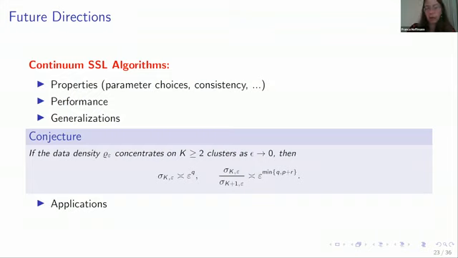In terms of generalizations, by looking at different numerical examples and different test data, we believe that what we showed for a very specific rho epsilon and for only 2 clusters also generalizes to more than 2 clusters, and with tighter bounds than what we were able to prove theoretically.